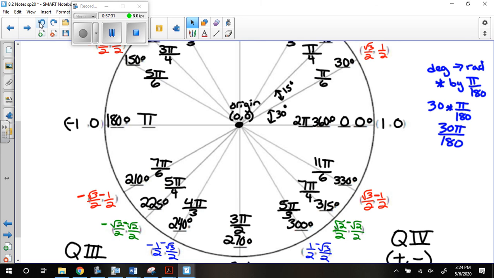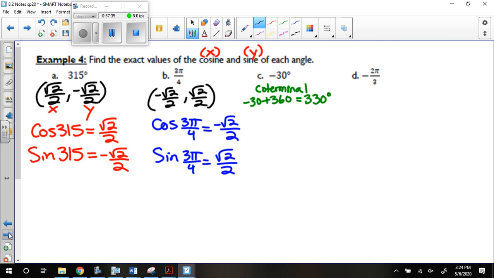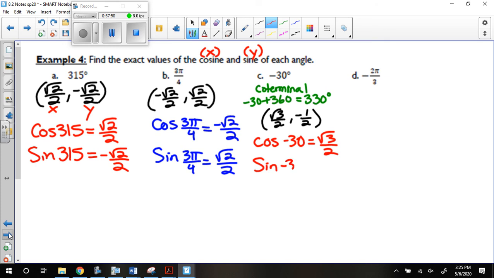So square root of 3 over 2, negative 1/2. All right, so cosine of negative 30 is the x value, so square root of 3 over 2, and sine of negative 30 is the y value, negative 1/2.